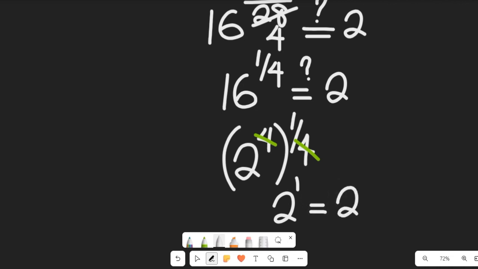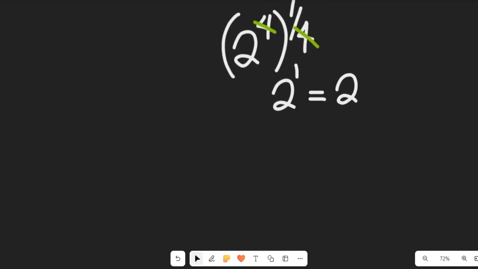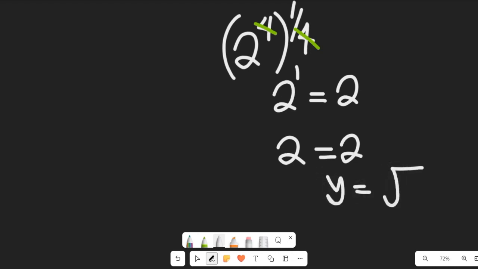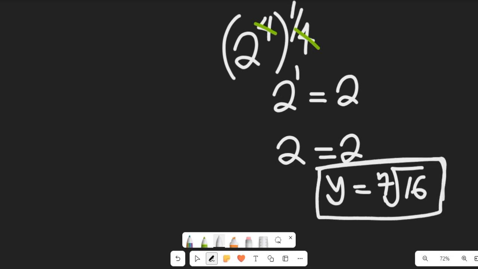So we see 2 to the power of 1 is still equal to 2, and then we'll see that 2 is equal to 2. So that proves to us that y equal to the 7th root of 16 is the solution that satisfies that expression we are given.